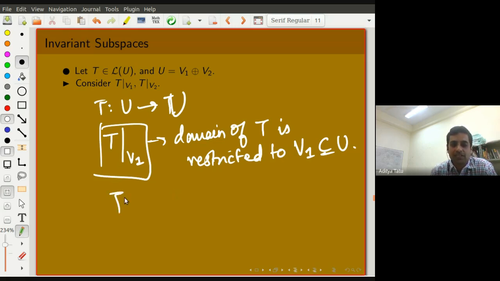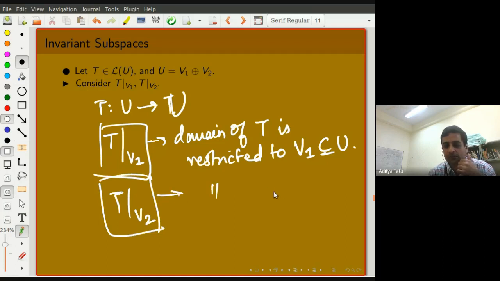And similarly T such that its domain is restricted to V2. The only difference is instead of restricting the domain to V1, it is restricted to V2. So I'm sort of looking at the linear transformation T on a smaller set. That is the idea behind this.